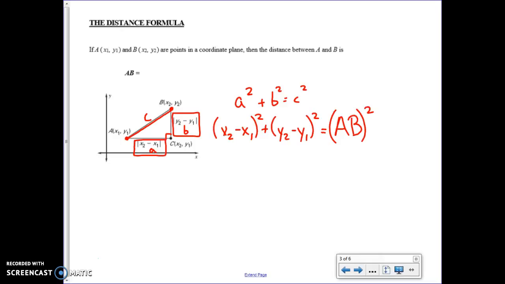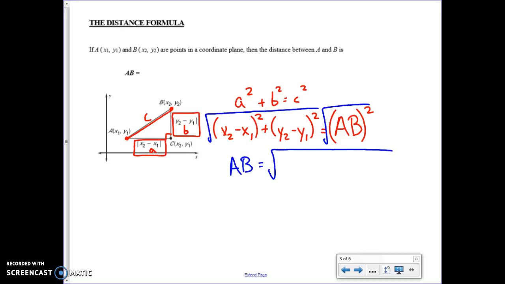Now, we don't want AB squared, we want just AB. So to take care of finding just AB, we need to take the square root of AB squared. So we also have to take the square root of the other side. So then AB, all by itself, with no bar above it, is big square root x2 minus x1, quantity squared, plus y2 minus y1, quantity squared.